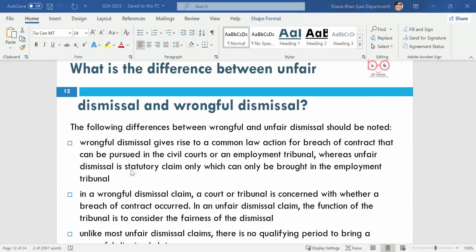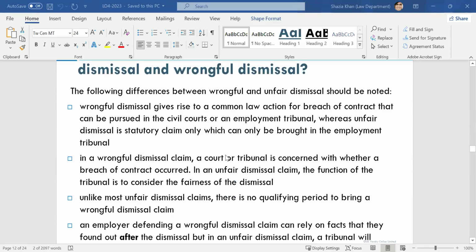So wrongful dismissal is, like we said, a breach of an employment contract, such as giving lack of proper notice, while unfair dismissal is a breach of statutory rights, where an employer dismisses an employee for a reason or in a manner that is considered unfair. So the key difference is that wrongful dismissal is based on contract law and unfair dismissal is based on employment law and requires specific qualifying periods for the employee.